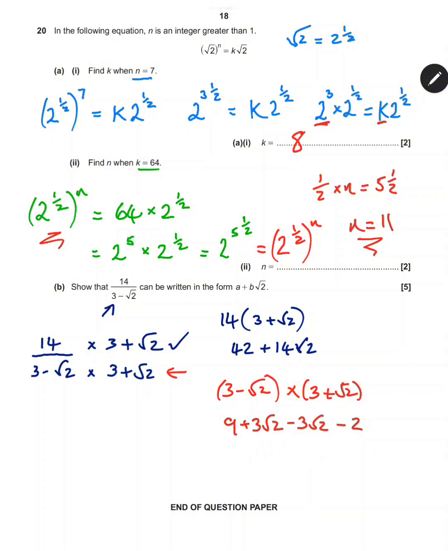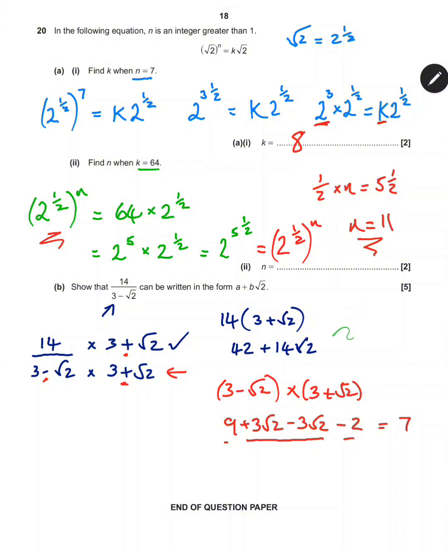We can tidy all this up. When I chose the reverse sign here, so not subtract but plus, that gets rid of this. It has this effect. You'll have plus 3 root 2s, minus 3 root 2s, they're gone away. And all we're left with is 9 take 2, and 9 take 2 is 7.